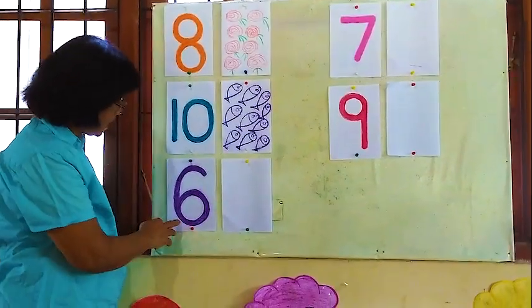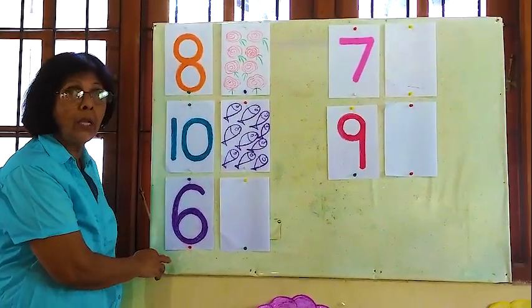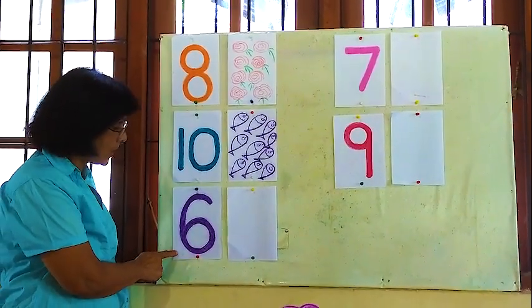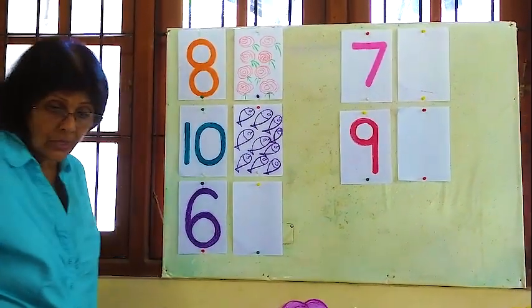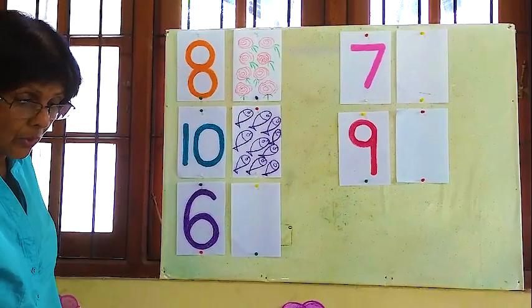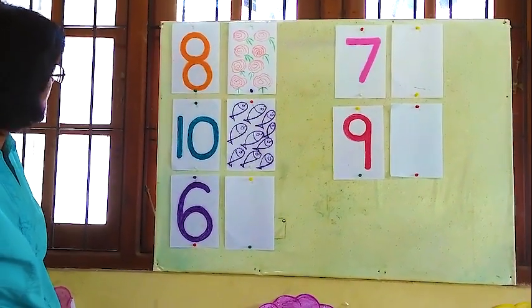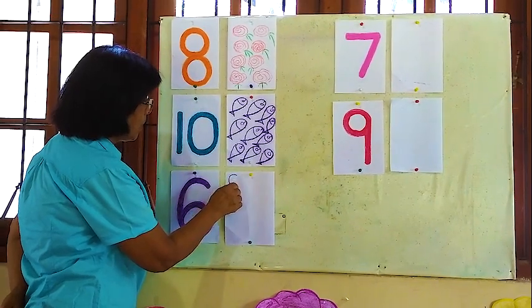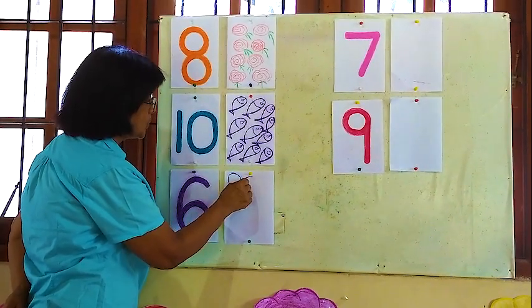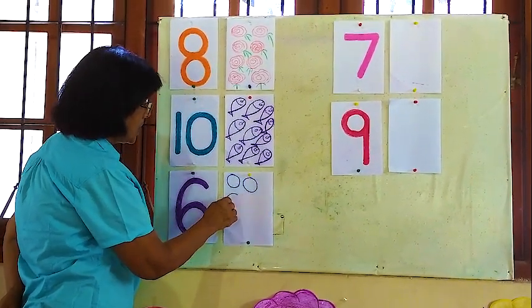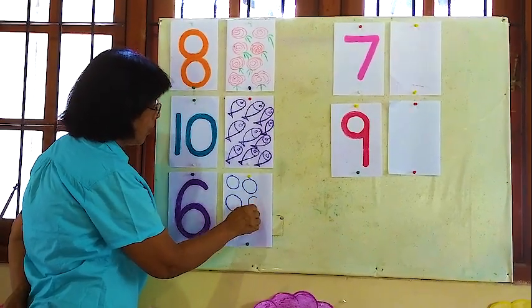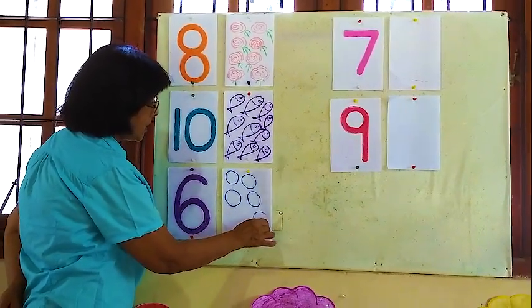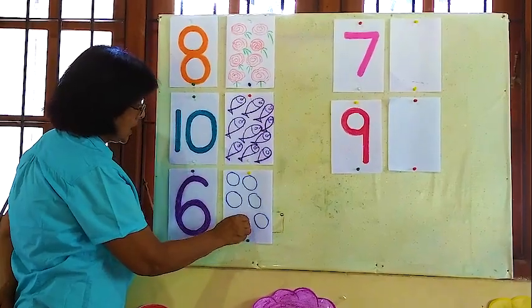Okay? Now here this is number 6. What is this number? 6. For 6, I am going to draw 6 balls. So I have 1, 2, 3, 4, 5, 6.